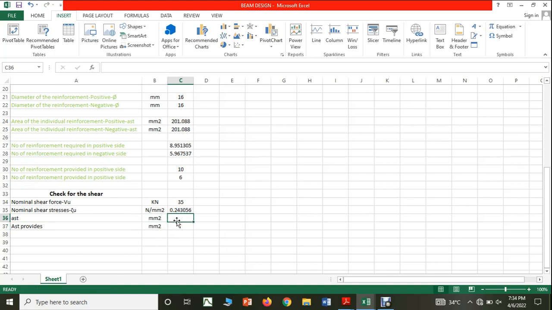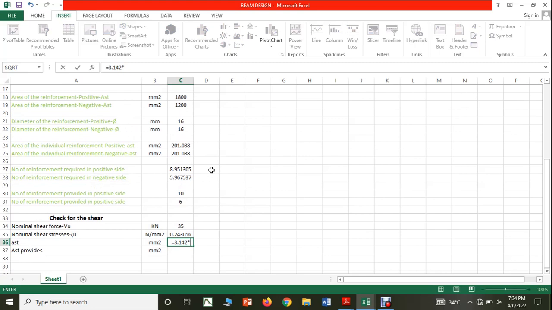So it is equal to 3.142 into this into this, divided by 4, which gives the small Ast, the area of one bar.